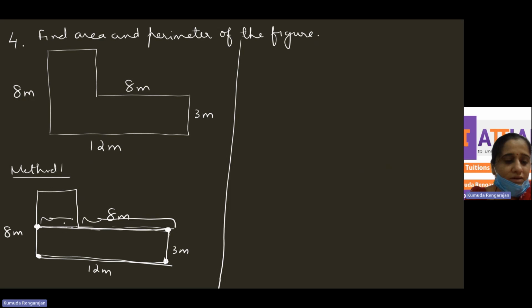So how much will this be? 4, because the total should be 12. The remaining portion should be 4 because 4 plus 8 is 12.